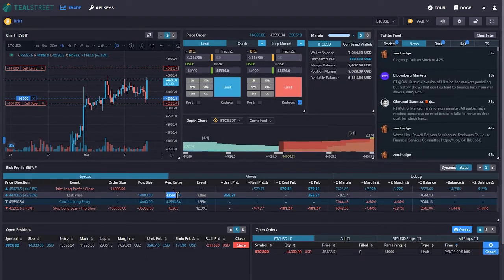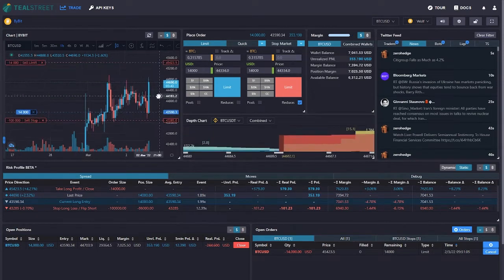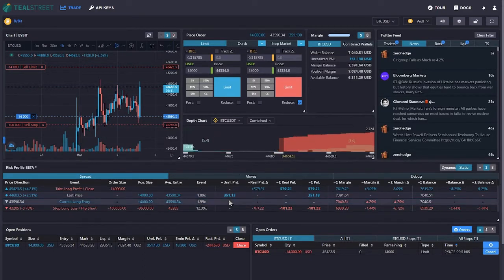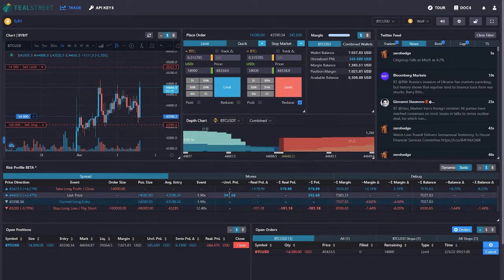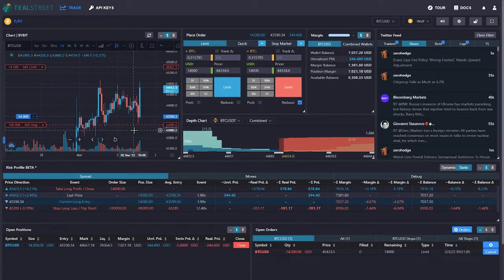The average entry is 43,590, and you can confirm this on the chart up at the top. Since the P&L is based on the entry, at this price my unrealized P&L is $345. And the total P&L, because I haven't realized anything here, is $344 as well.